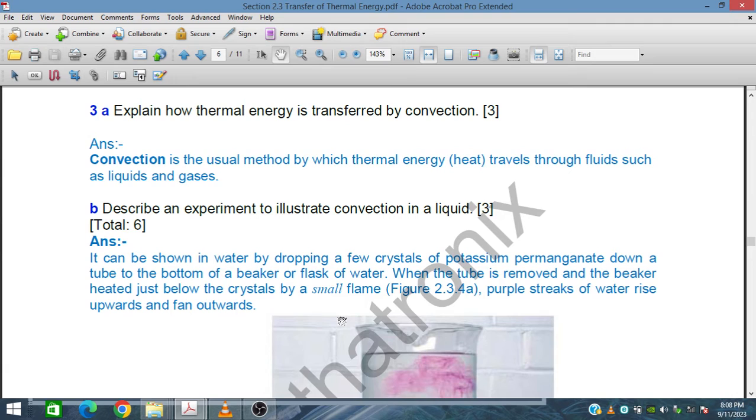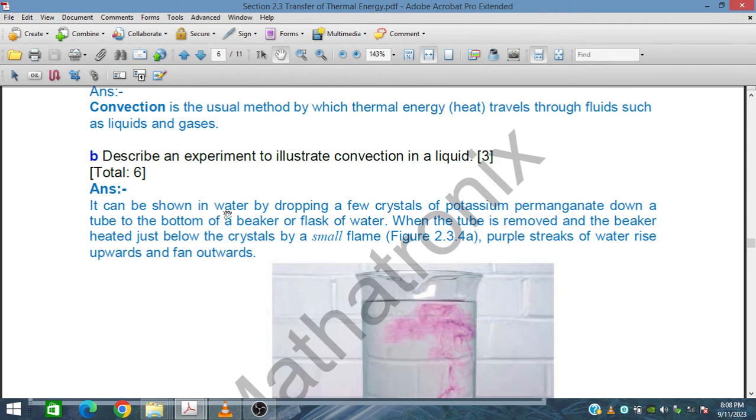Explain how thermal energy is transferred by convection. Convection is the usual method by which thermal energy travels through fluids such as liquids and gases. Describe an experiment to illustrate convection in a liquid. It can be shown in water by dropping a few crystals of potassium permanganate down a tube to the bottom of the beaker, or a flask of water.